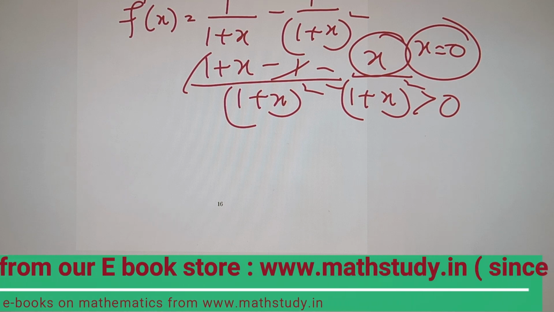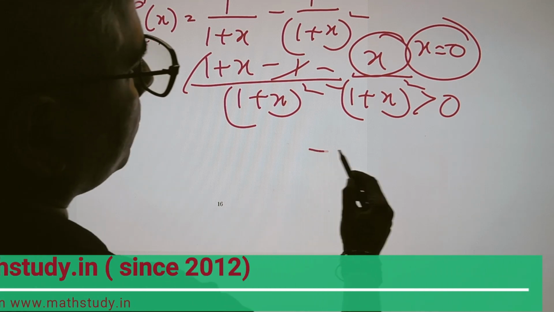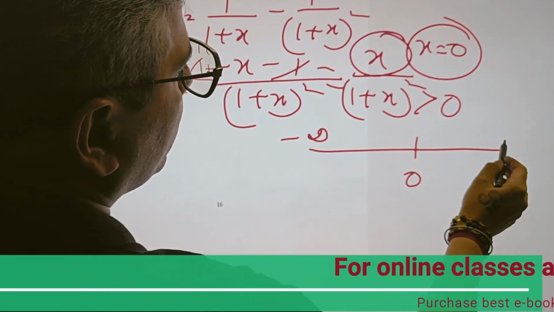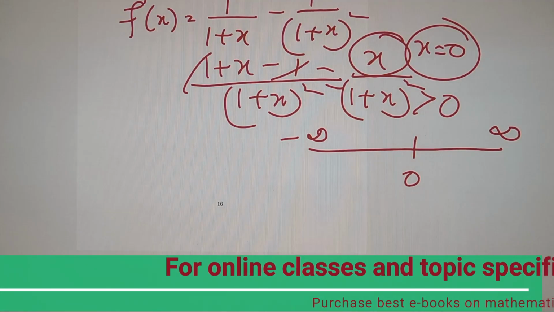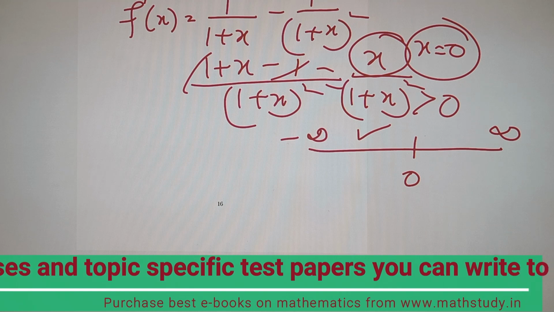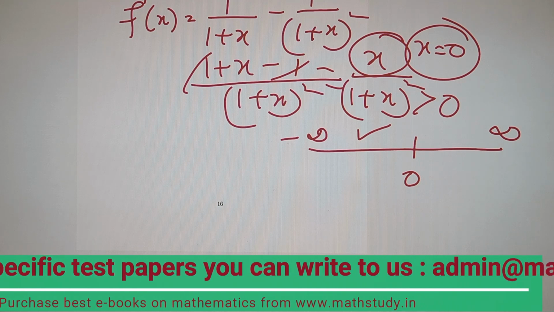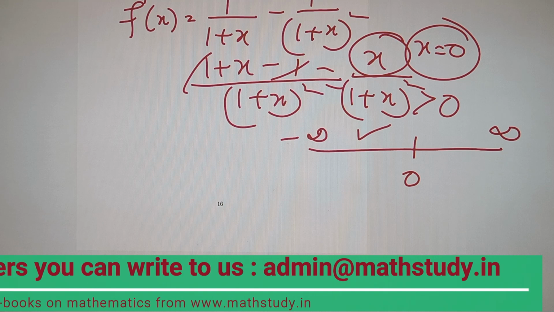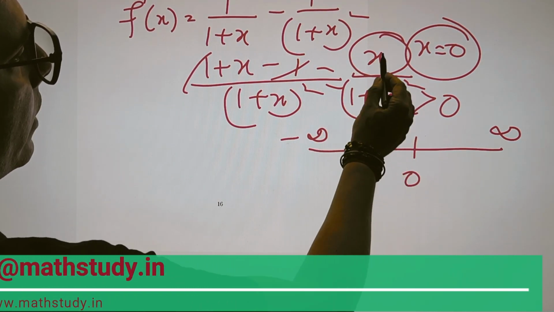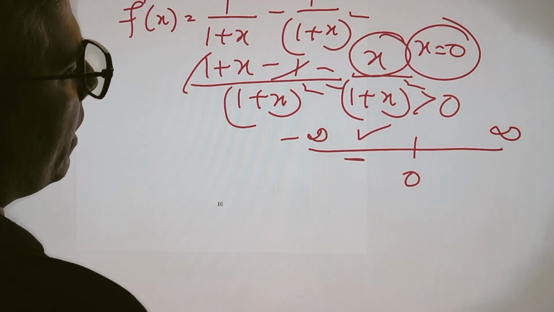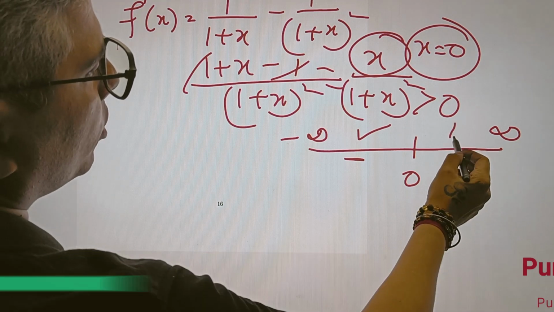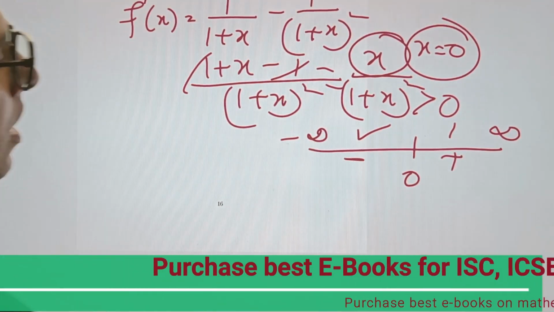Now we can simply make a number line, from minus infinity to 0 and 0 to infinity, and we can substitute any value from each part. Let us say we put minus 1 here and see whether f dash x is positive or not. If we put a negative value here, f dash x will become negative. From 0 to infinity, if we put a positive value, it will give us a positive value.